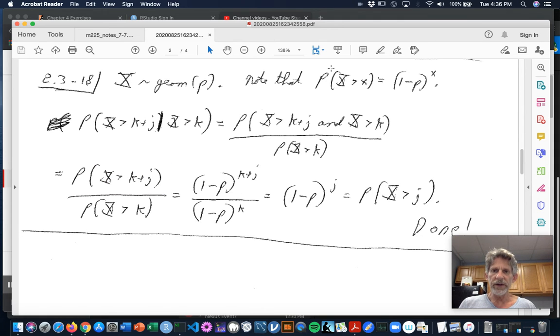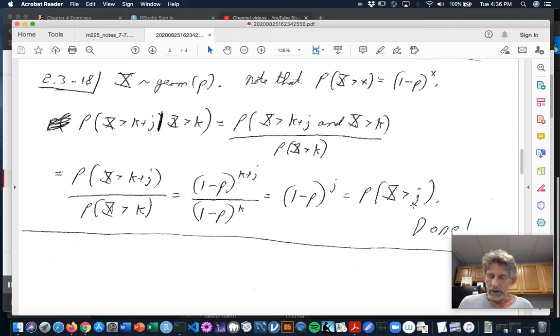And now we'll use this fact here. First of all, when the X is K plus J, and second of all, when the X is K. And now I can use property of exponents to say this is 1 minus p raised to the K plus J minus K power, leaving a J, which, by this fact, is exactly the probability that X is bigger than J.